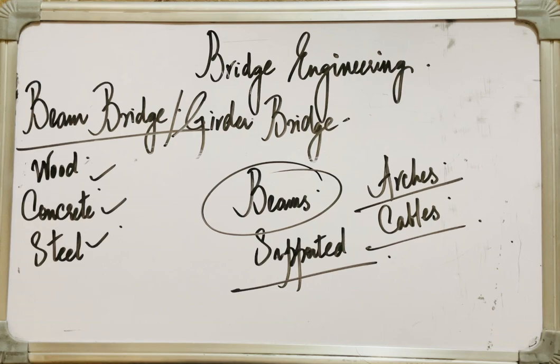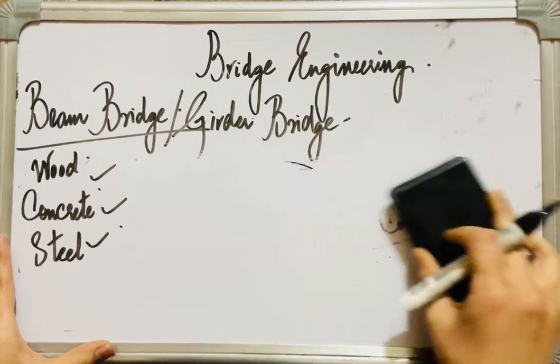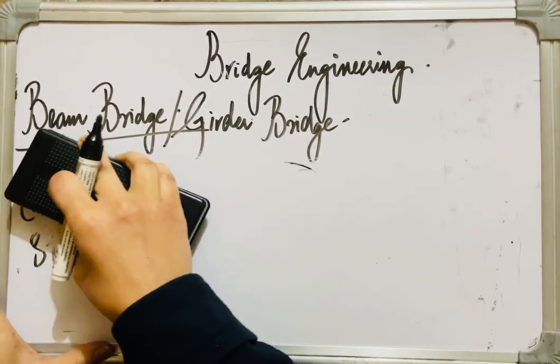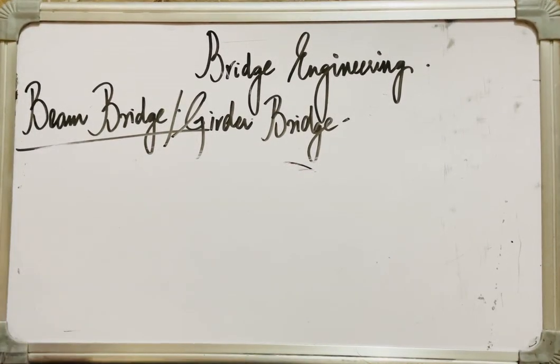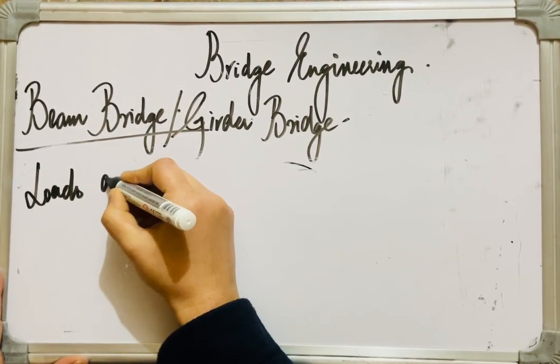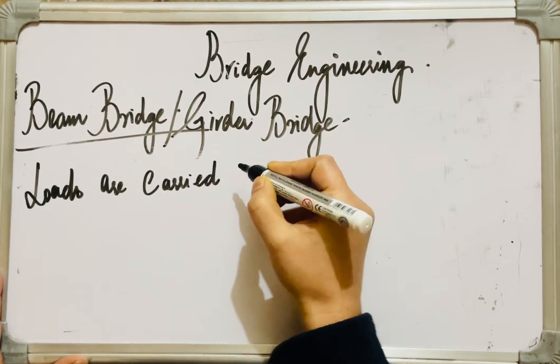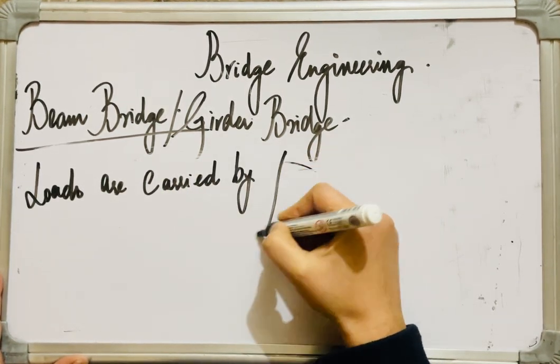All right. And you must also note that in case of a beam bridge or a girder bridge, the loads are carried by flexure, which is known as bending. So the loads are carried by flexure.